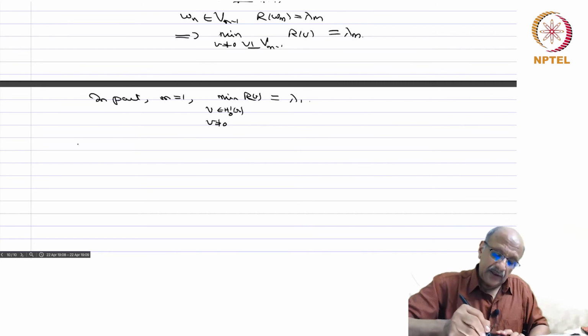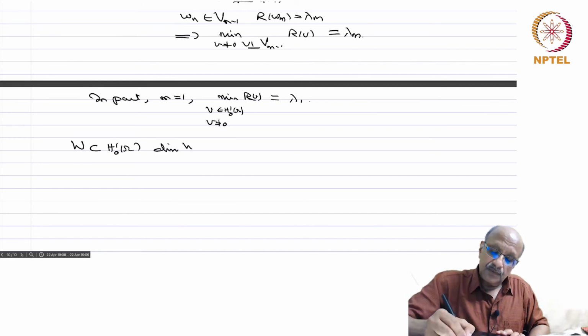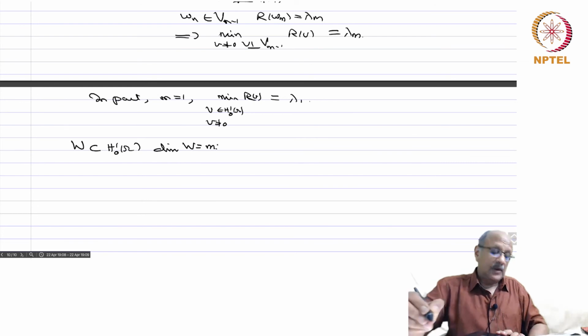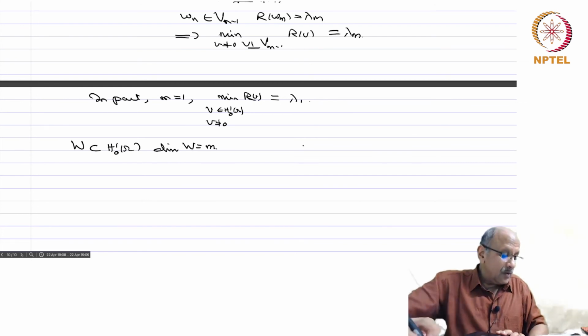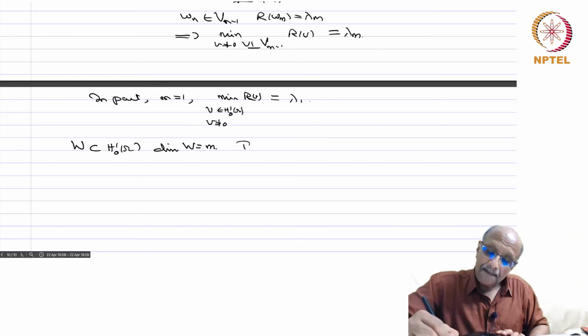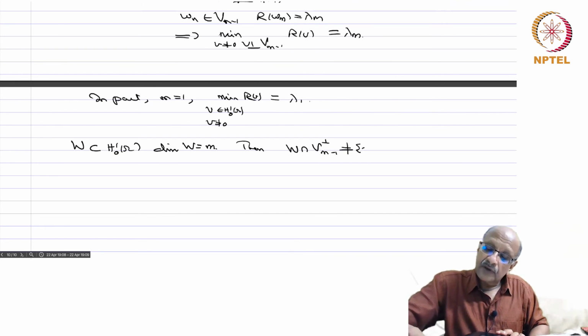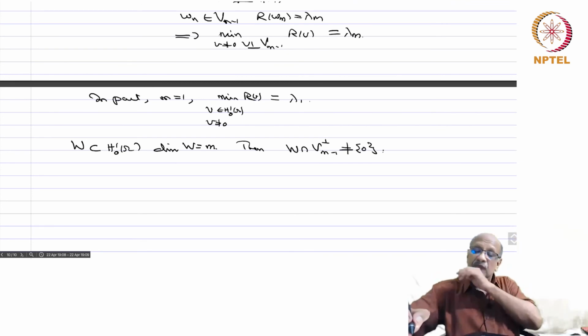So, finally, let W be contained in H10 of omega, dimension of W equals m. Then W intersection Vm minus 1 perp is not equal to singleton 0. Why is this so?